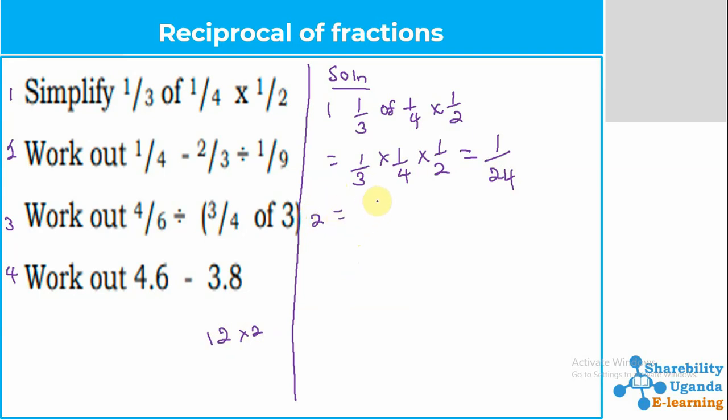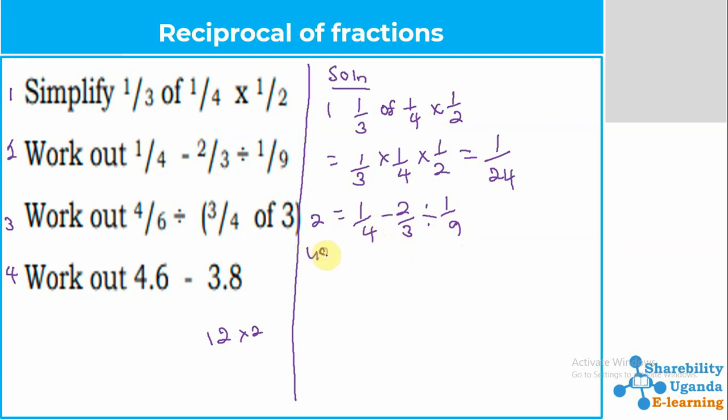So our part number 2 shall be equal to 1 out of 4 minus 2 out of 3 divided by 1 out of 9. So this number, you can see it has subtraction and division in it.